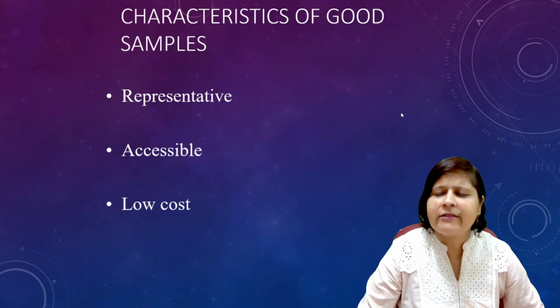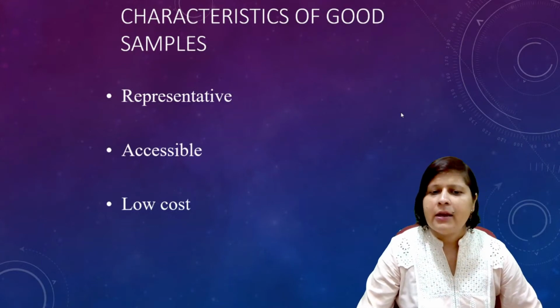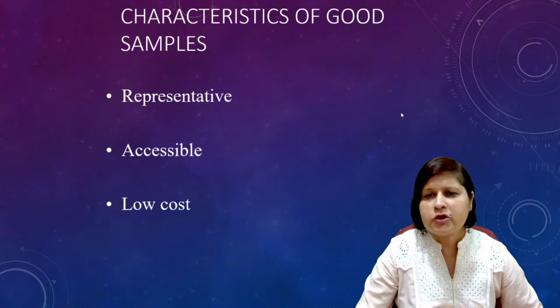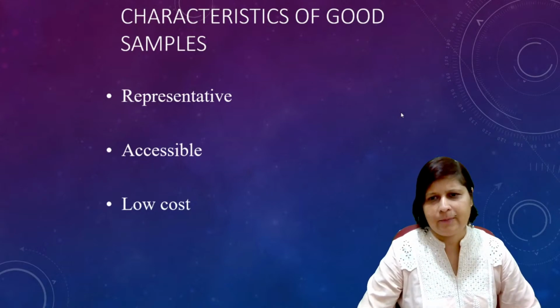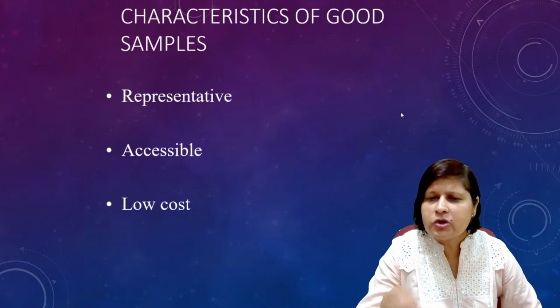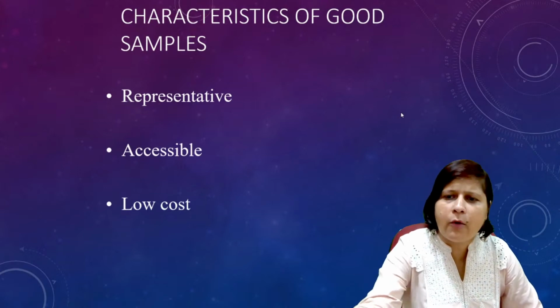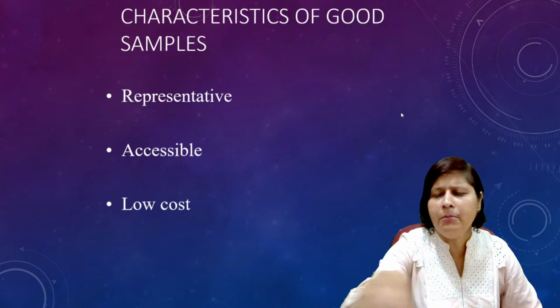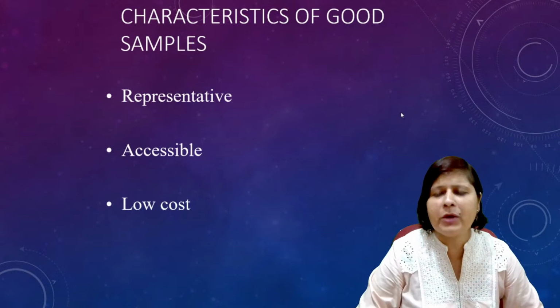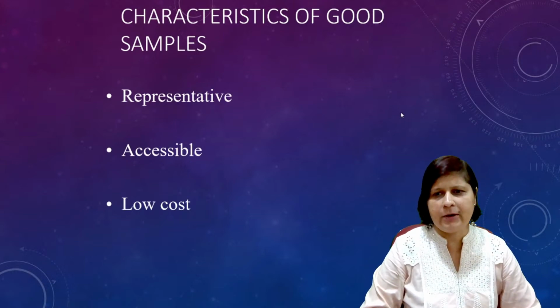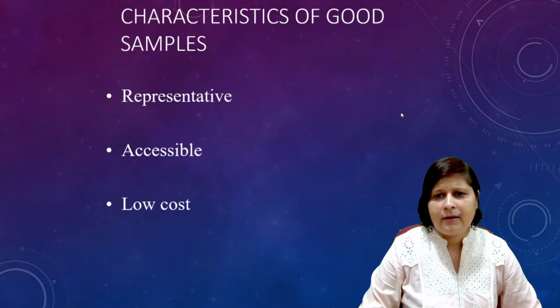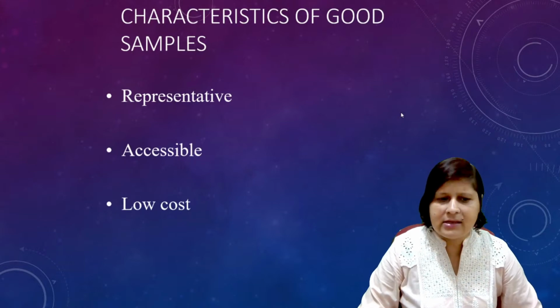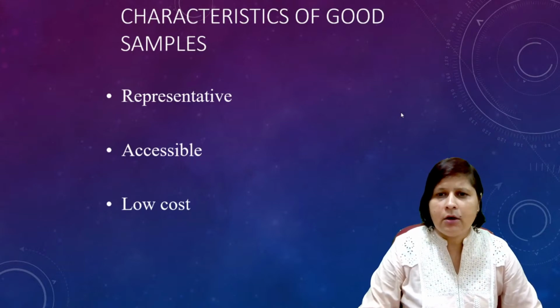What are the characteristics of a good sample? It should be representative. It should represent the population. Means you should select the sample from the population, not from outside the population. Accessible. You can access them. And low cost.